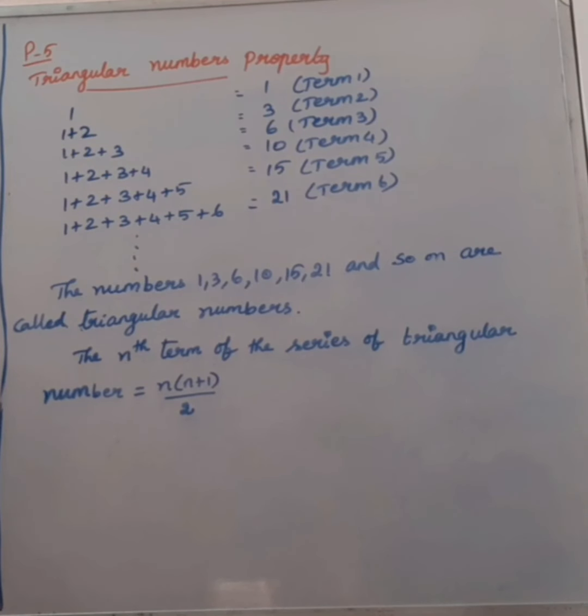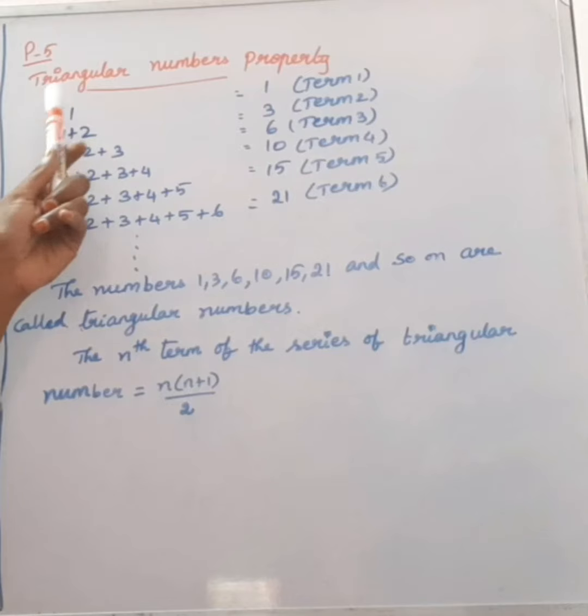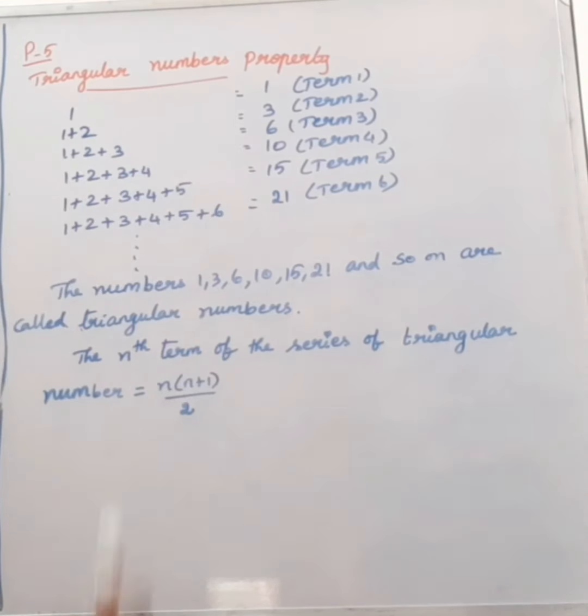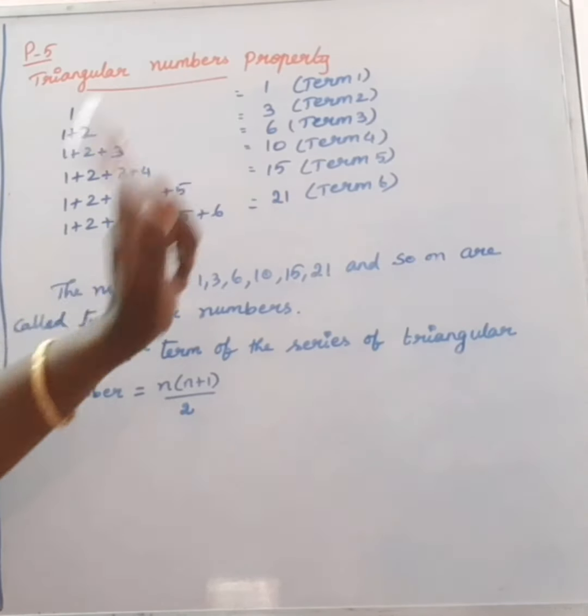Next we are going to see property 5. What is property 5? Triangular numbers property. The triangular numbers property means we want to include each and every number with the first number. So first, see the first number is 1. 1 equals 1.